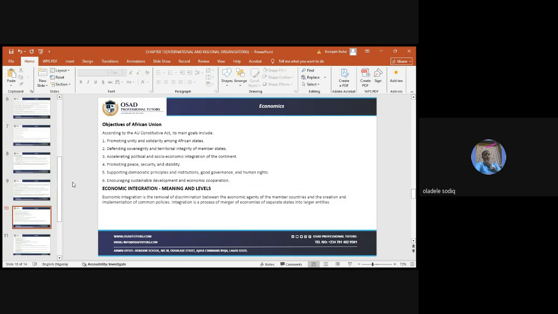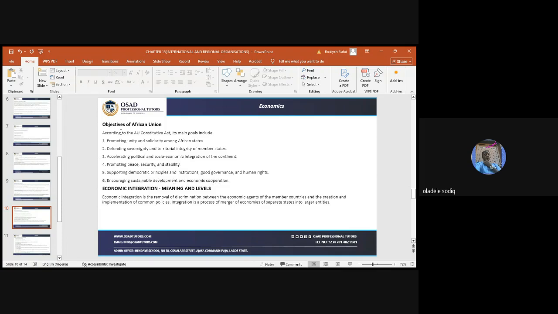To accelerate political and socio-economic integration of the continent, to promote peace, security, and stability, to support democratic principles and institutions, good governance, and human rights. And also to encourage sustainable development and economic cooperation.